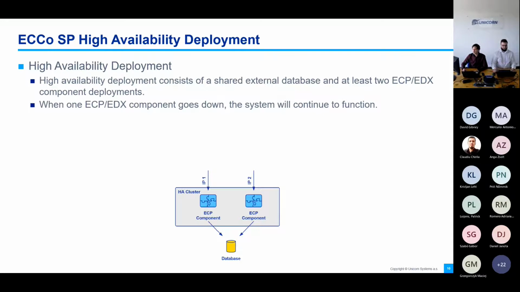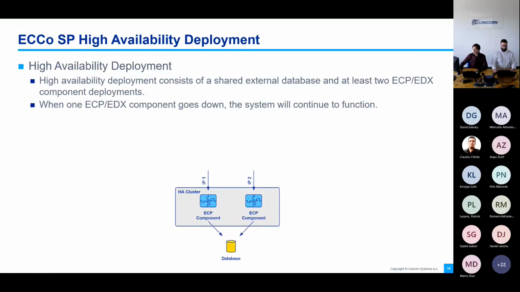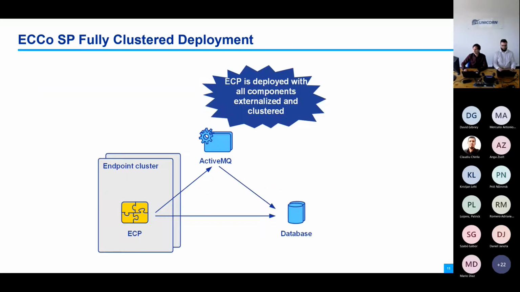On the illustration, you can see there are 2 ECP endpoints with 1 external database, and when one component goes down, the second one will continue to function without a noticeable outage. So this is the simplest way to achieve the application cluster.